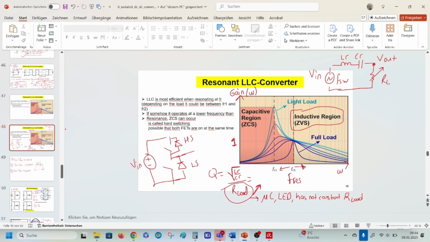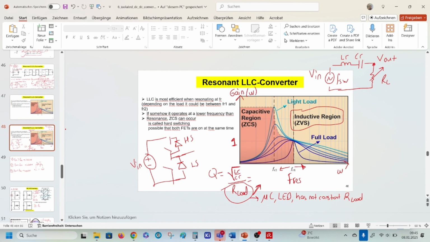That means these are my actual switching frequencies depending on my load. If the load goes down, that means the resonance frequency of the whole system will go down, and I can only switch the circuit where the inductive region, zero voltage switching, is available.